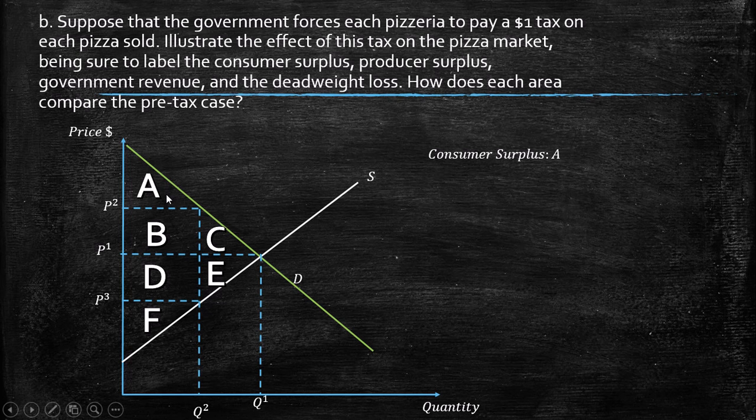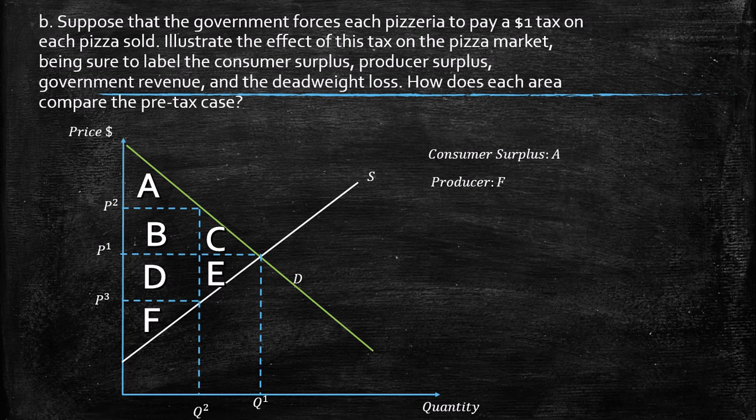So it's a kind of saving, and it's going to be A. As you notice, it's definitely lower than the previous case, because the previous case was all of this, A plus B plus C. So this is the consumer surplus after the tax.